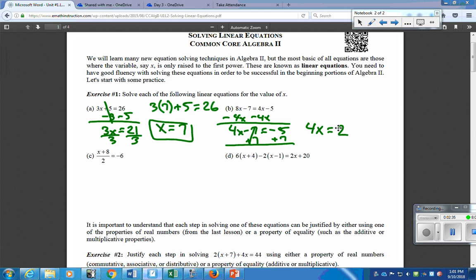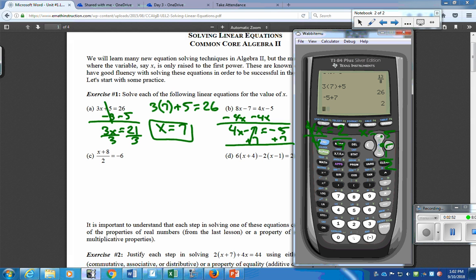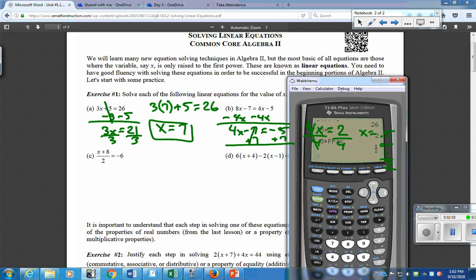And then again, we're dividing by what's next to x. So you divide by 4. And you're going to get a decimal for this, which would be 0.5. But you could also change it back to a fraction using the math function. So if I have 0.5, and I do math and enter, I get that fraction out of this example.